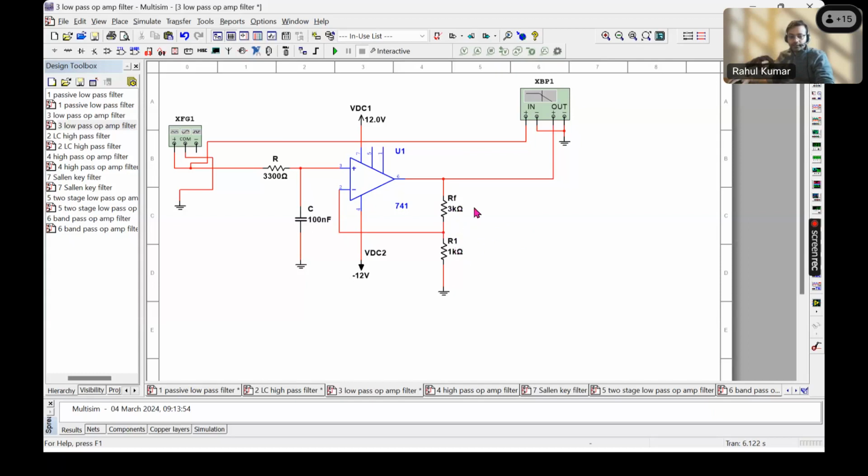So we should get 12 dB gain. This is connected as a low pass filter, since we are taking the output across the capacitor. So we should get a gain of around 12 dB at lower frequencies.